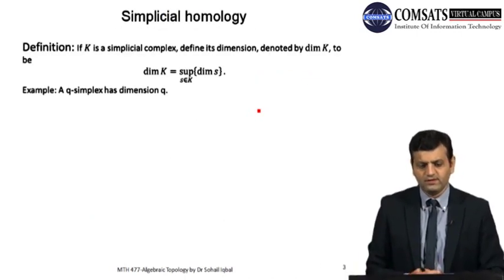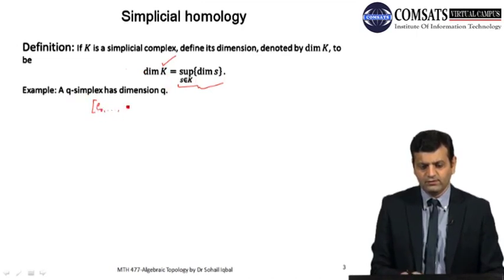Starting from a basic definition, the dimension of a simplicial complex K is defined as the supremum of the dimensions of all the simplices contained in this simplicial complex K. Of course, if we have a Q simplex generated by E0 up to EQ, then it has dimension Q. Similarly, let's consider another simplicial complex.